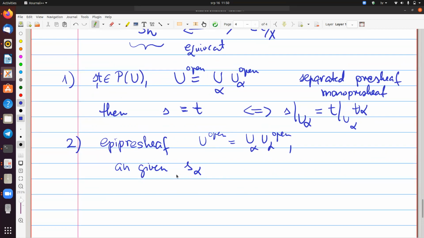And here it's a different situation. I take S alpha, which is in P of U alpha. These are a priori different things. Alpha in this index set A.